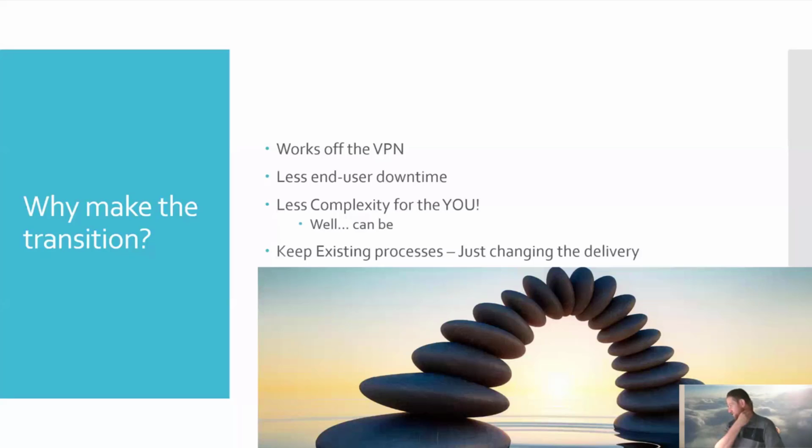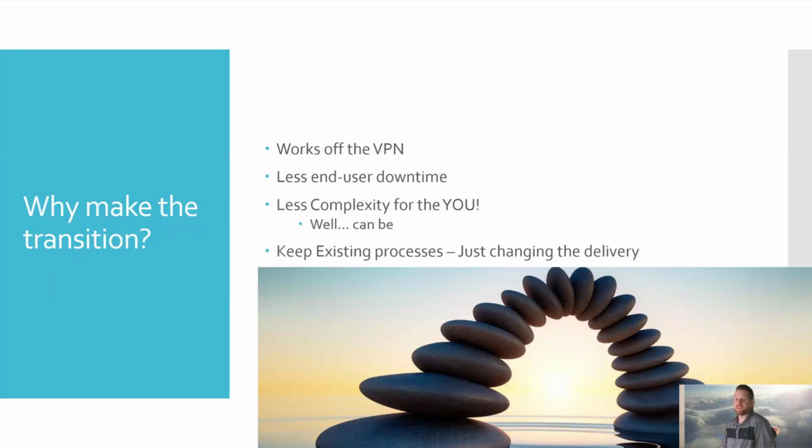So why make the transition? Julie kind of hit on a couple of these prior to this presentation, but one of the big things is this process can work off the VPN, and you don't necessarily need to have any of the customization. You could just set it and forget it. As long as you have a machine that's reachable to the internet, you don't really need to go through the VPN or cloud management gateway.